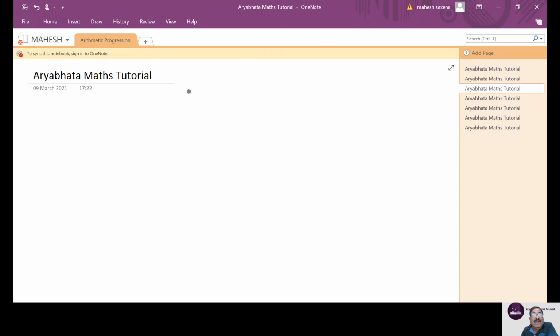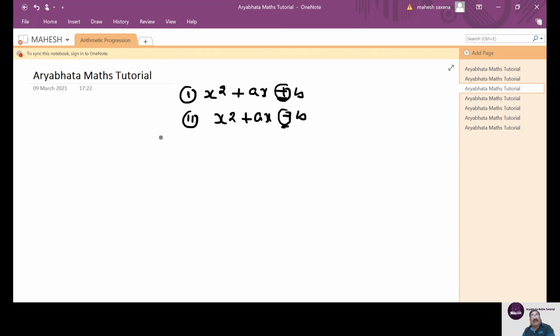The first type is x square plus ax plus b, and the second type is x square plus ax minus b. In the first category, the constant will be positive, and in the second category, it will be negative. I will take these two types of quadratic polynomial step by step.